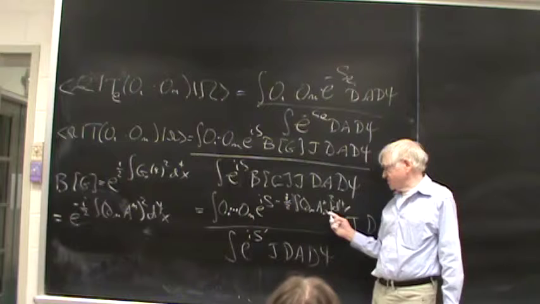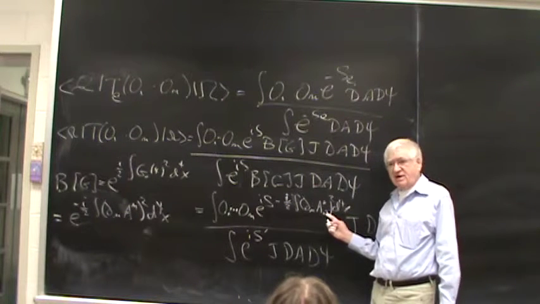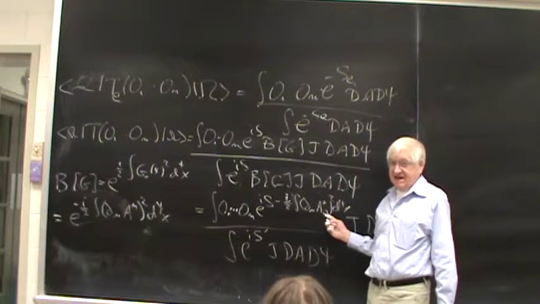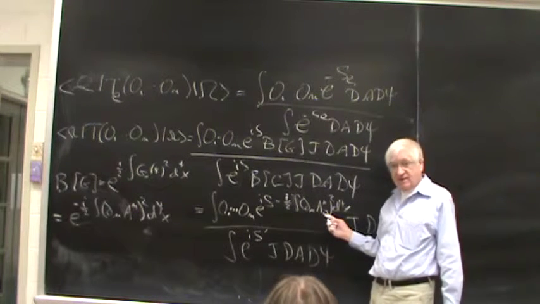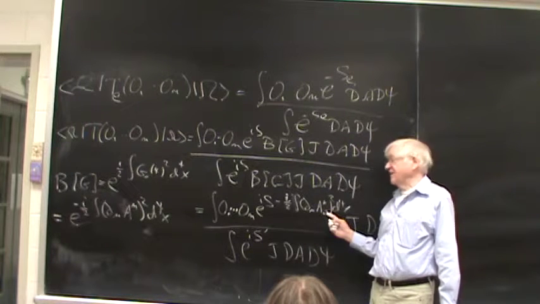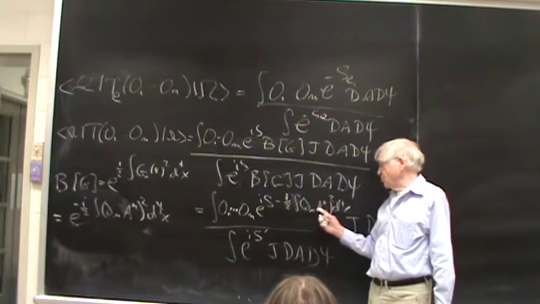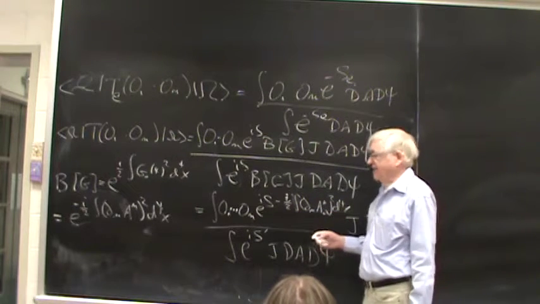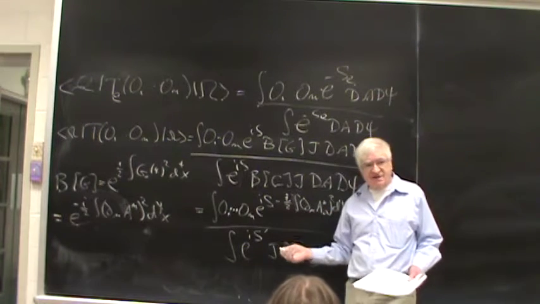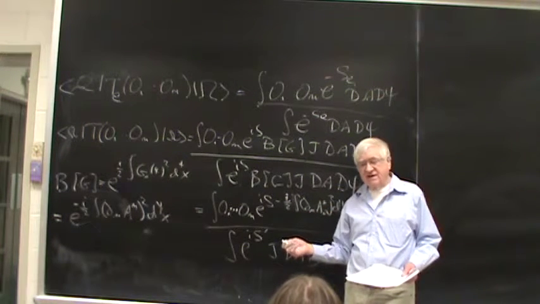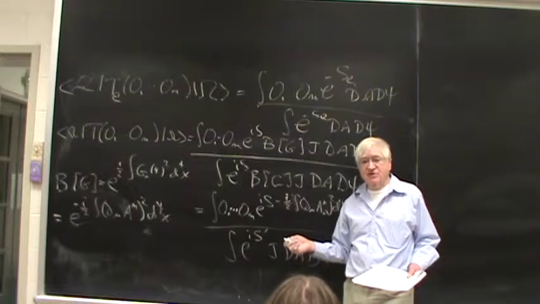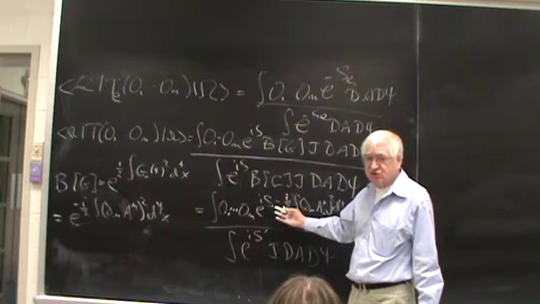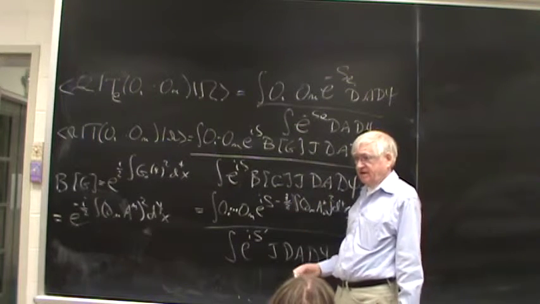But this is very much an abelian gauge fixing term. It has a trivial dependence upon A. For each, let us say it's SU3, well, there are 8 A's in SU3, because there are 8 generators of SU3. So we have 8 values of A, and we just put in d mu A mu A squared 8 times. So it's like 8 copies of the gauge fixing term for QED. And so this just gives us, for each of the 8 gauge fields, a simple propagator.